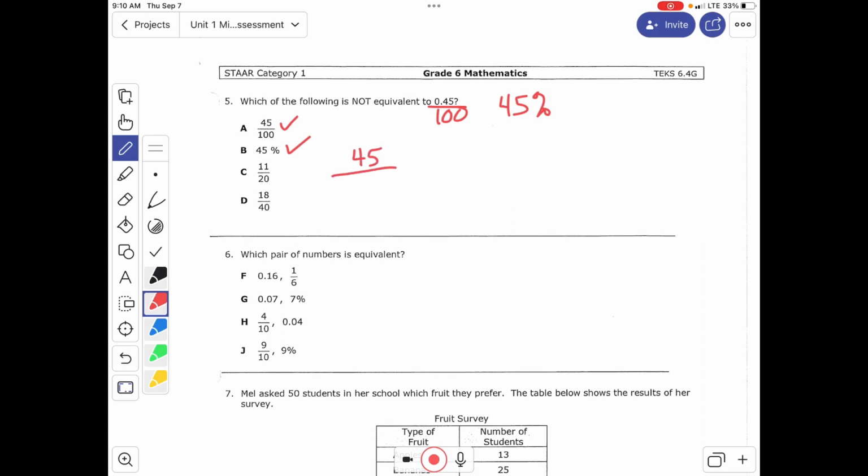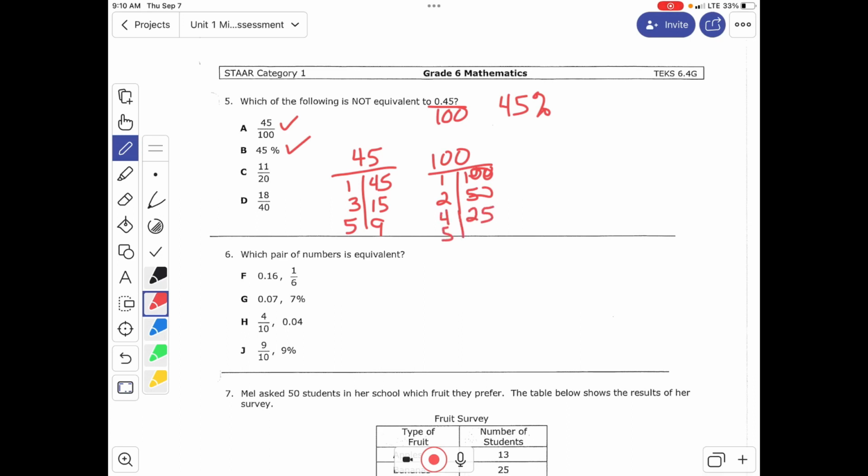So I'm going to make my T-chart so I can simplify the fraction. 1 times 45, 3 times 15, and 5 times 9. And then the factors for 100. 1 times 100. 2 times 50. 4 times 25.